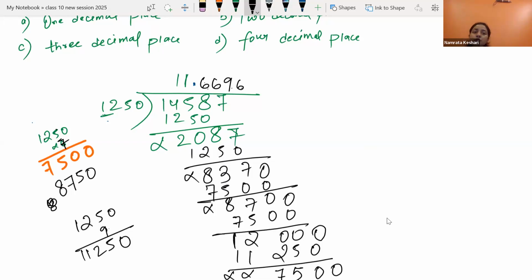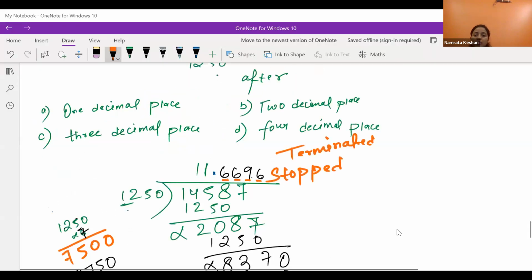Yeah, 1 2 3 4. 4 decimal places. Option D is the correct option, right? After the decimal, 4 digits, 1 2 3 4. So 4 decimal places. After that it stops. Stopped means it was terminated, right? Yes, ma'am. Okay, so yeah, option D is the correct option.